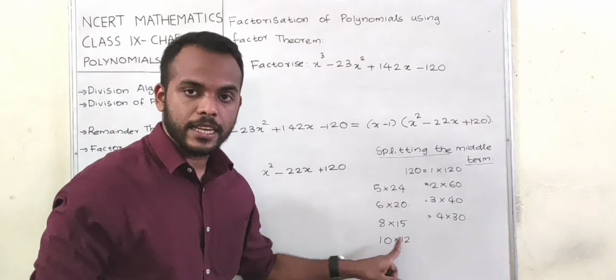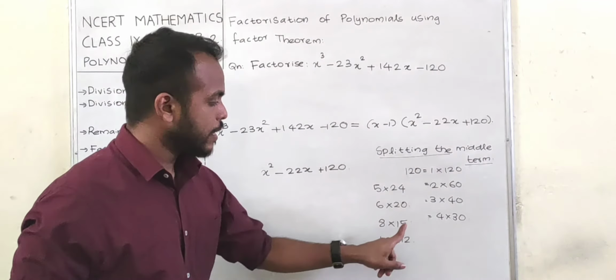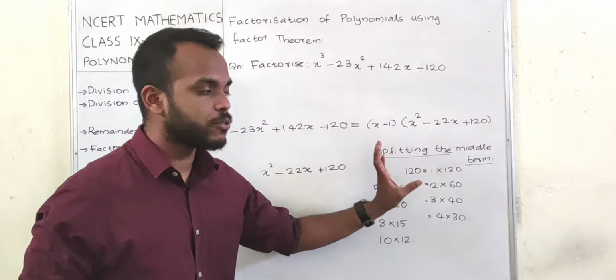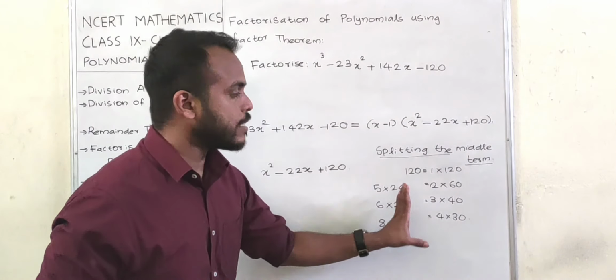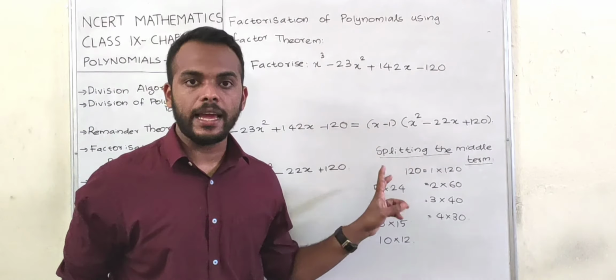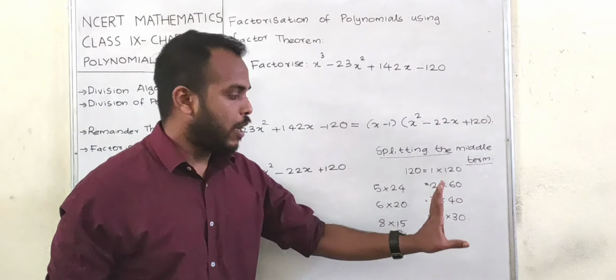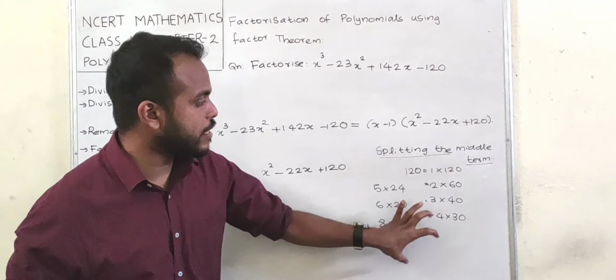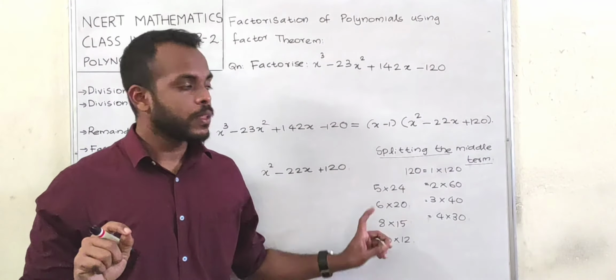Then the next one is 12 into 10, that is the same, then 15 into 8. So we have written the permutations in which we can get 120 as the product of two numbers. Now, these are the factors of 120, right?